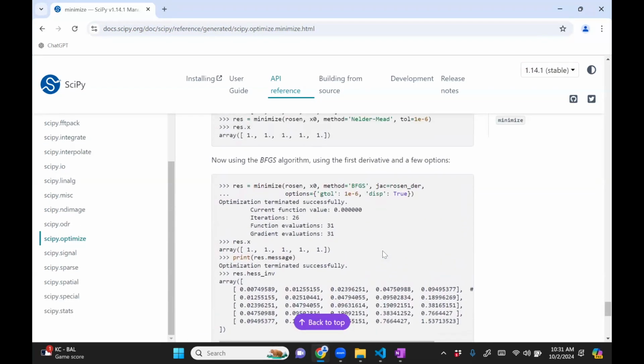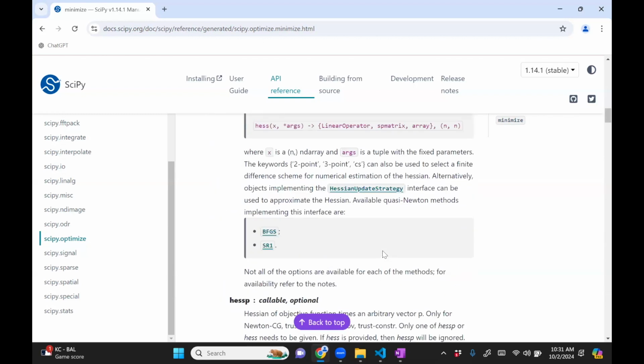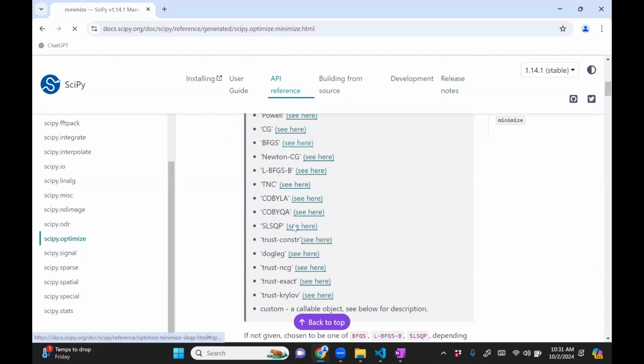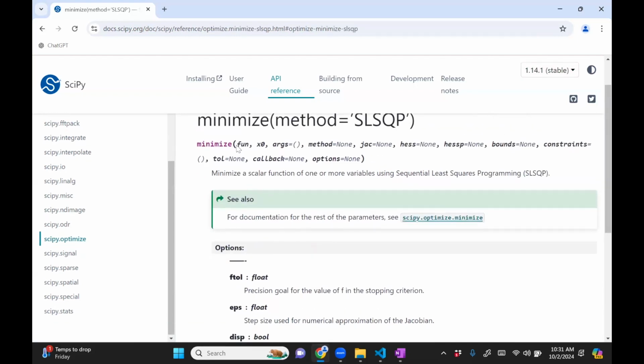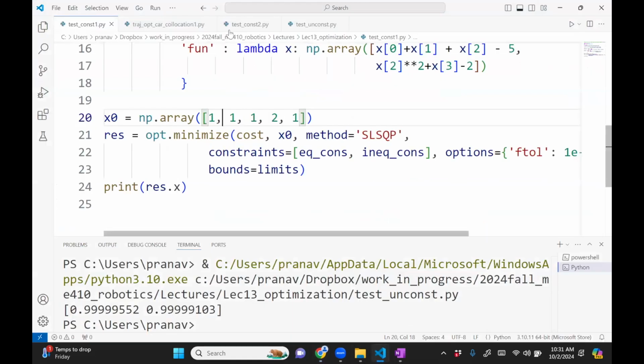Yeah, so it has some examples. But with ChatGPT, you don't really need this. If you just say you want to use SLSQP, it'll give you an example. So if you go up, it says there will be a method called SLSQP here. It tells you how to call this function: x0, method, jac, hess, and so on. We'll just go ahead and run this.